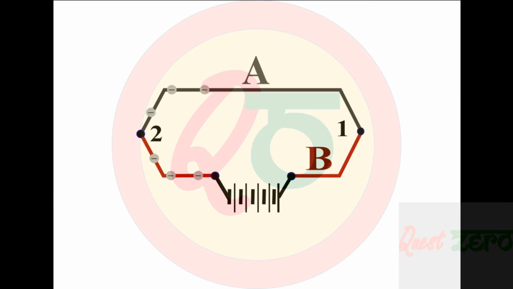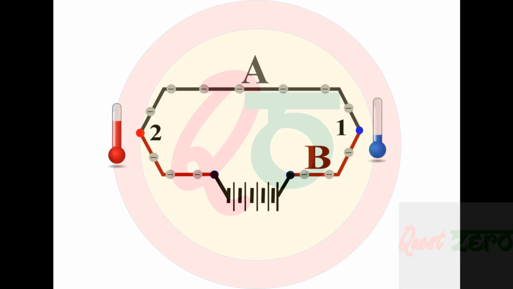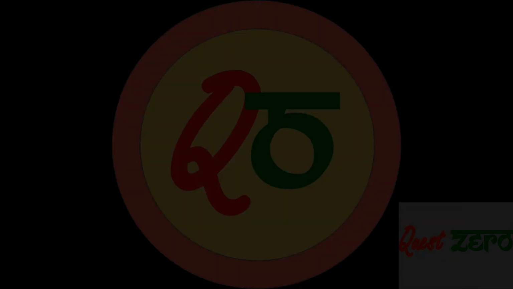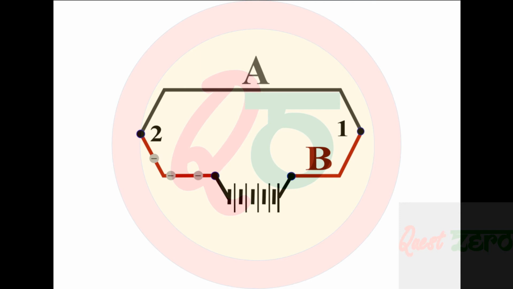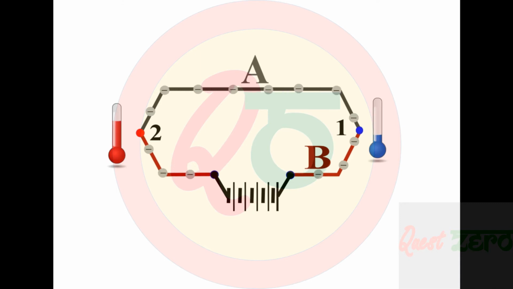You can observe that whenever current flows in the circuit of metals A and B connected to form junctions 1 and 2, one junction gets heated and the other gets cooled. For example, in this case, junction 2 is getting heated and junction 1 is getting cooled.